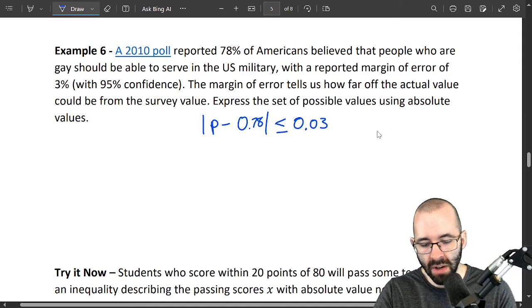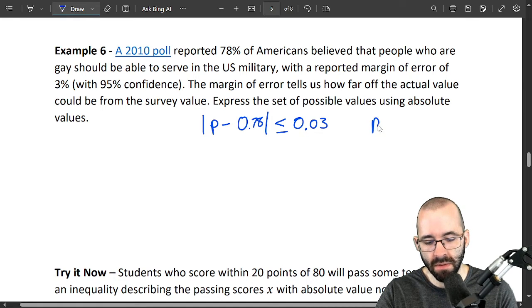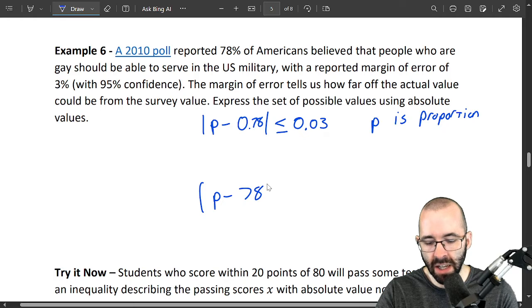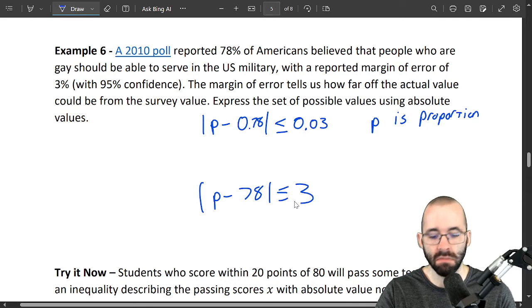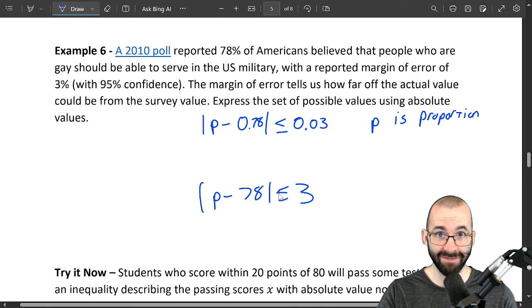Or if you wanted, right, p is the proportion. If you wanted to, you could have p be the percent. You could say, well, p minus 78 should be less than or equal to 3. Same equation. Just, it's not an equation. Same inequation.